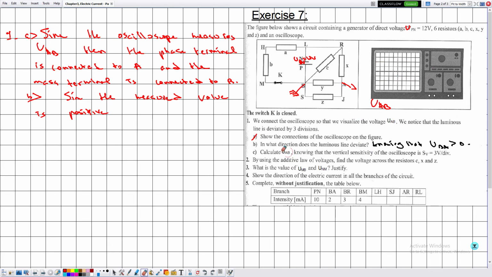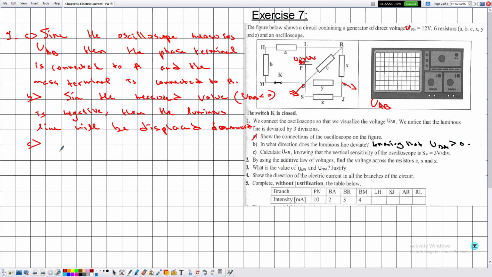Here notice that we are measuring negative voltage, which is UAB. Then the luminous line will be displaced downward. So here the measured value is given by UAB, which is negative because we know that UBA is positive.